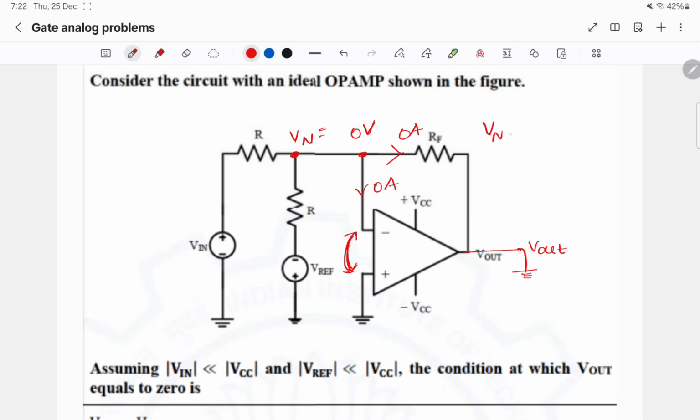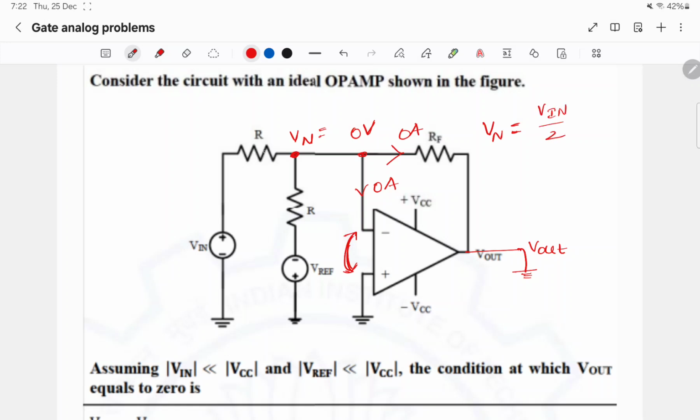So Vn is given by, if we apply the superposition theorem, if Vin, this voltage source itself, is active and this is not active, Vn will become Vin by 2.